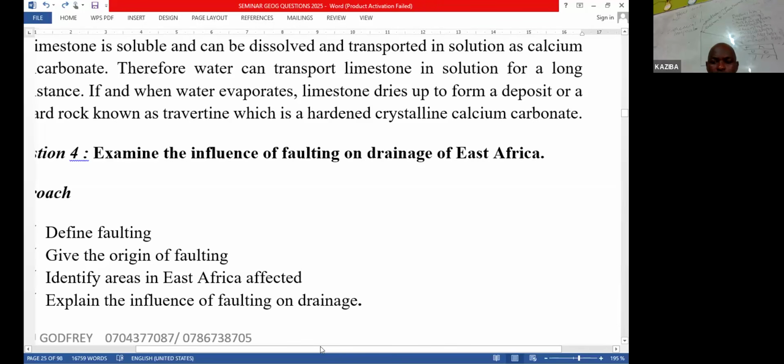If you're given that kind of question, of course you define faulting. That's the approach. Then you give the origin of faulting. Then you identify areas in East Africa where faulting has taken place.